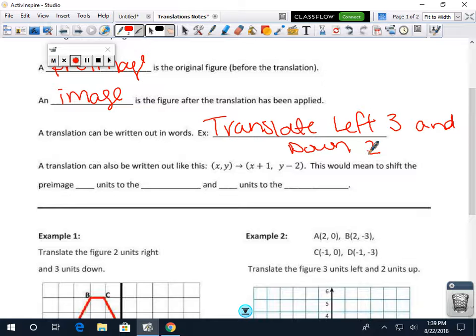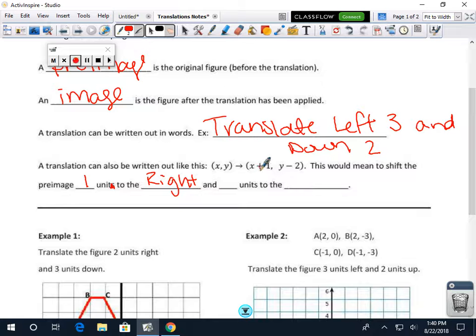The formula or the rule that we use when doing translations can also be written out like this. Okay, we have (x, y) goes to (x + 1, y - 2). So this would mean that we shift the pre-image 1 unit to the right, because x moves your shape left or right.